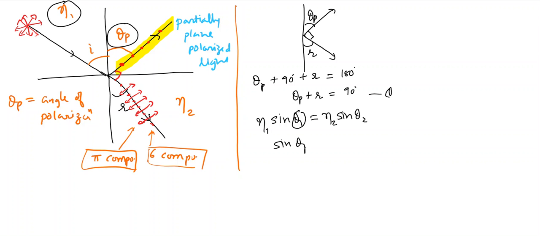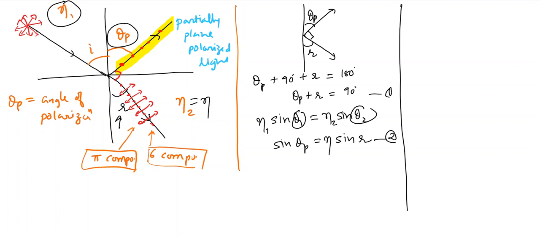So sine theta p is equal to eta, instead of eta 2 let us consider the refractive index to be eta, sine r, because the second angle is r in our case. Let it be result 2.